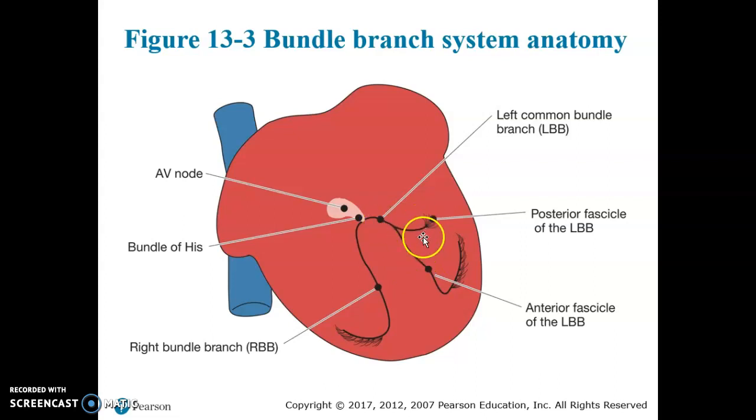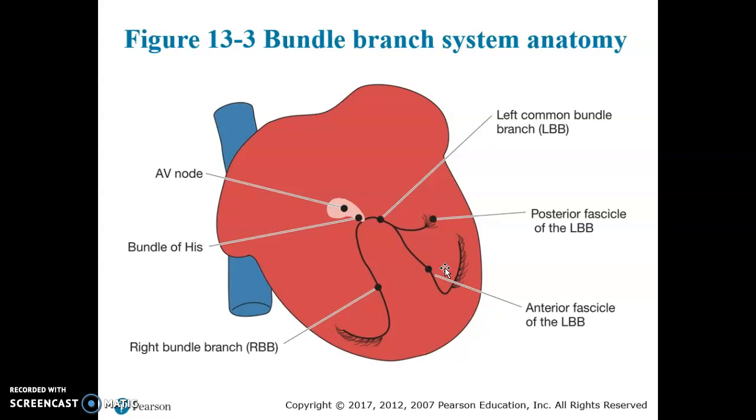Something happens along this pathway, and it blocks that electricity from traveling down. The electricity travels fast down healthy tissue, and it trudges slowly down affected tissue. So tissue that's not so healthy, it can travel slowly down that tissue.